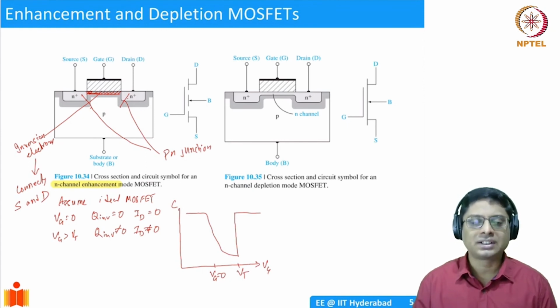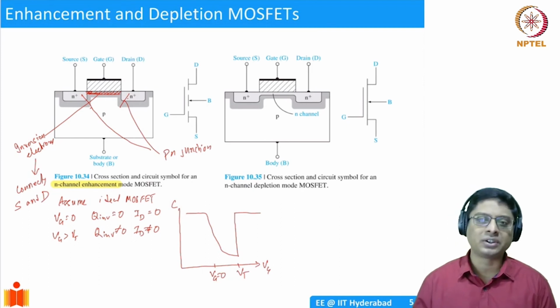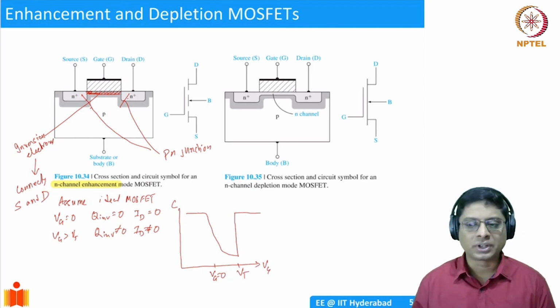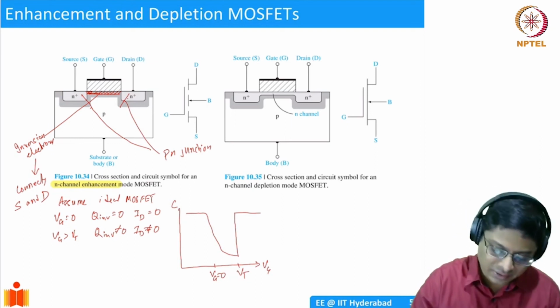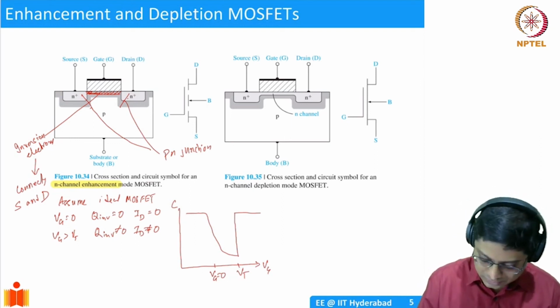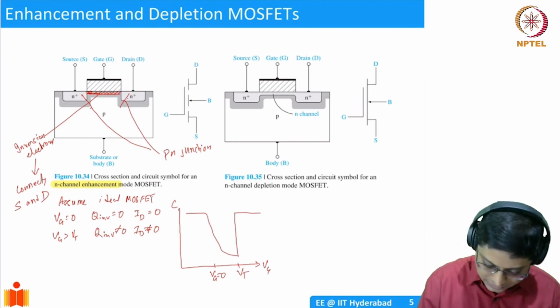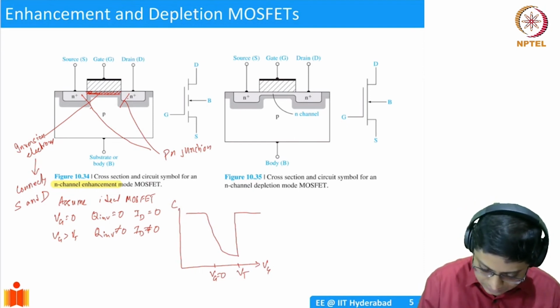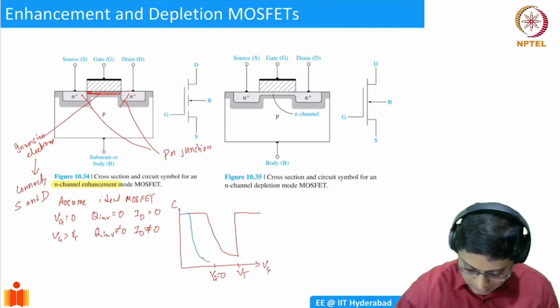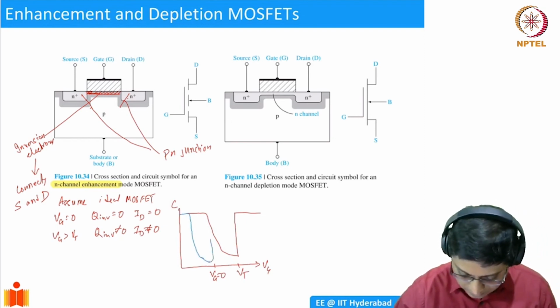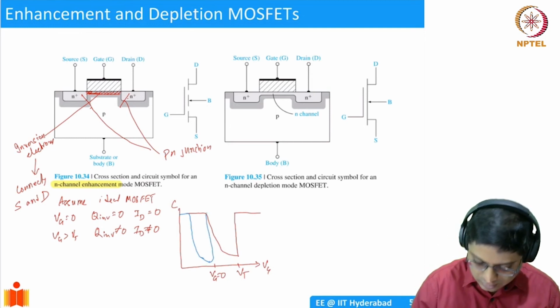But we also saw that there can be many things like the metal work function difference, and also some fixed oxide charges, because of which you may not have this condition, but you might have a situation where your CV looks like this. You get the drift.